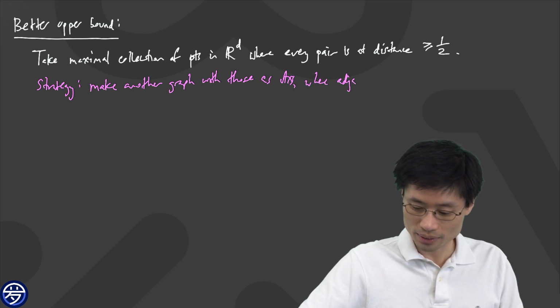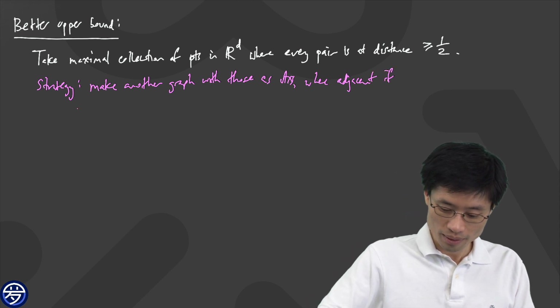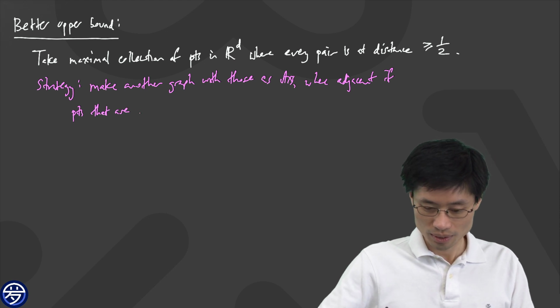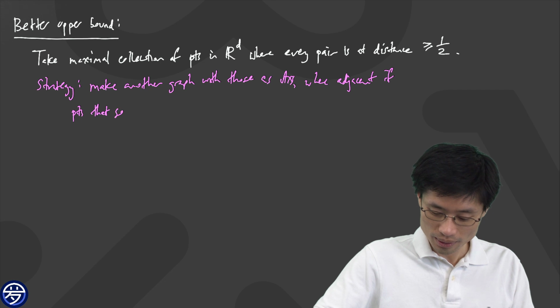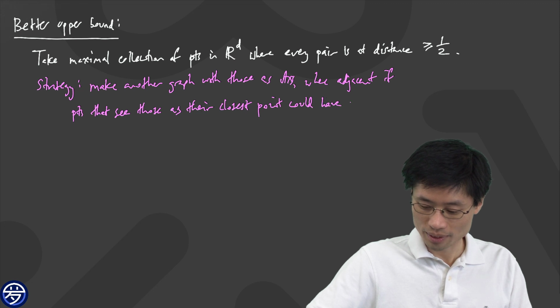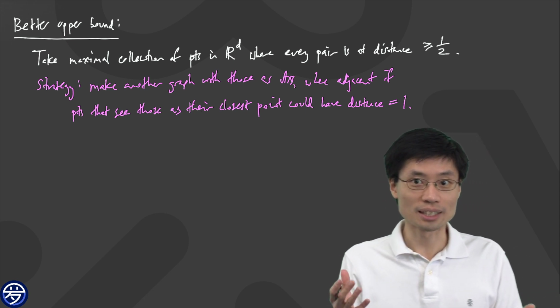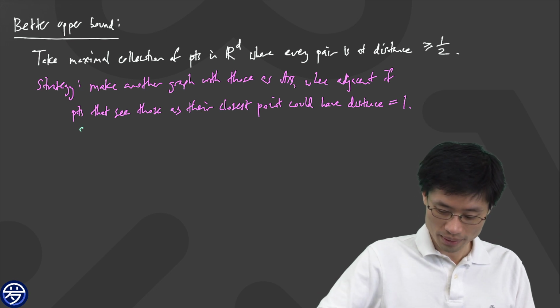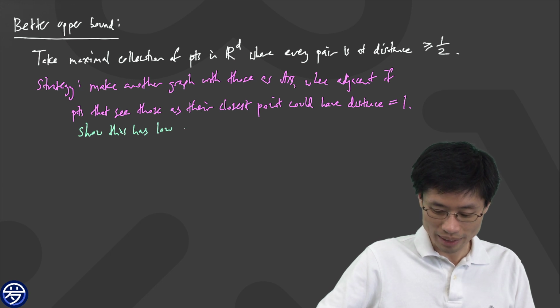They're adjacent if points that see those as their closest point could have distance equal to 1. And we'll make this graph, we'll try to color it, and show that this graph has a low chromatic number.